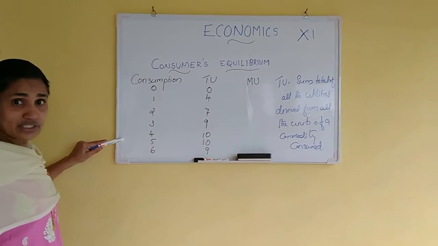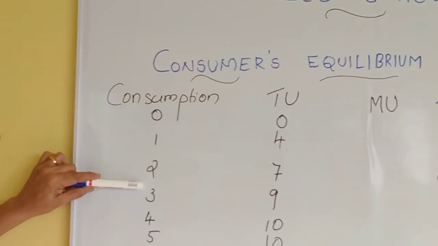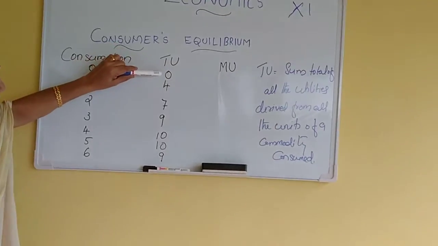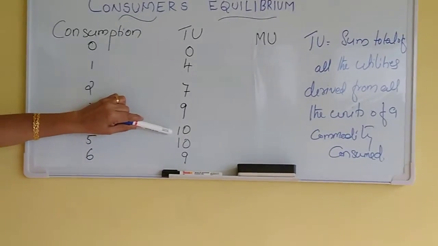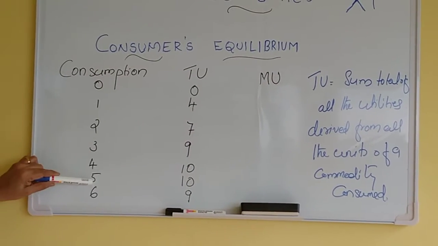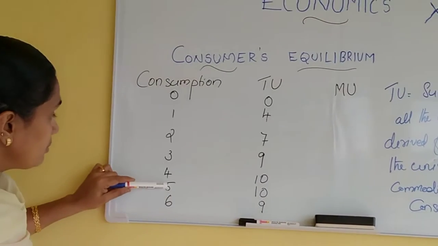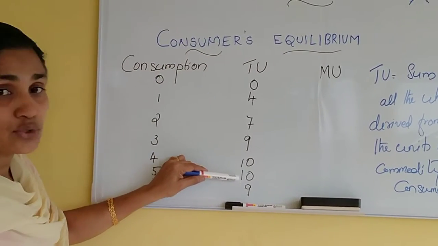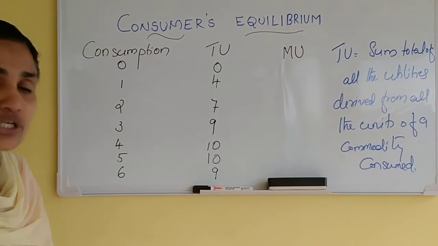That is total utility. Here we can see that when we consume more and more of the same commodity, total utility increases, 4 to 7, 7 to 9, 9 to 10. Then it becomes constant. There is no change. At this level, 4 and 5, there is no change in total utility. Then when we move to the 6th unit, the total utility starts to decline. Here we can see 3 stages in total utility.